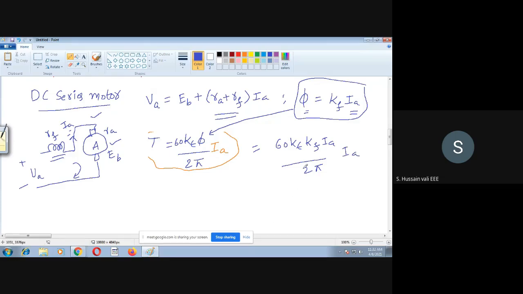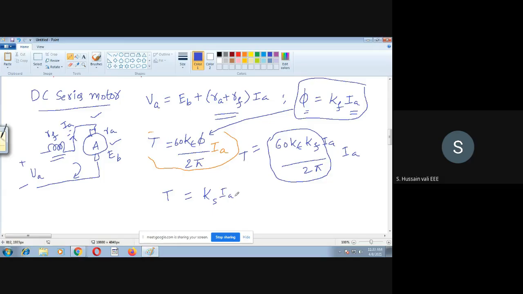Now you see, all these are constants. 60 Kt is a constant, Kf is constant, 2 pi is constant. Only Ia into Ia is left here. So the torque is equal to this. I will represent this constant by some other name, let us say Ks, for convenience, nothing else.